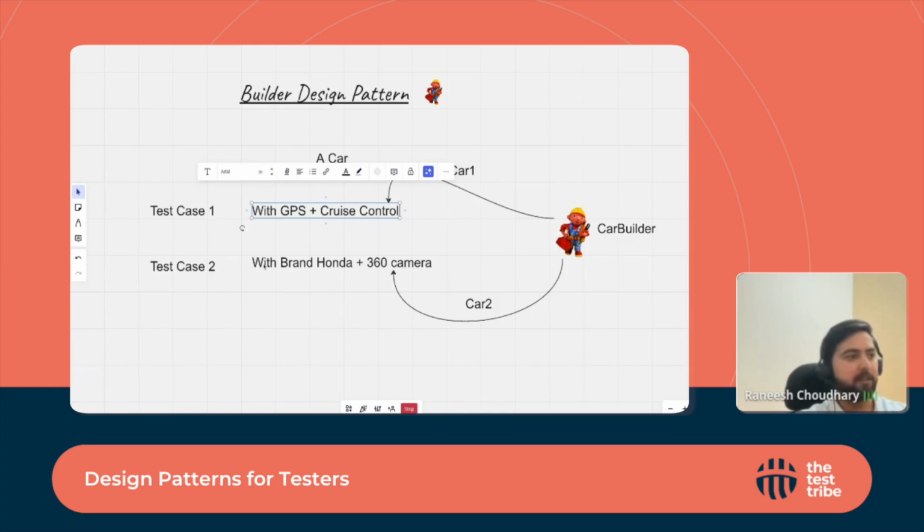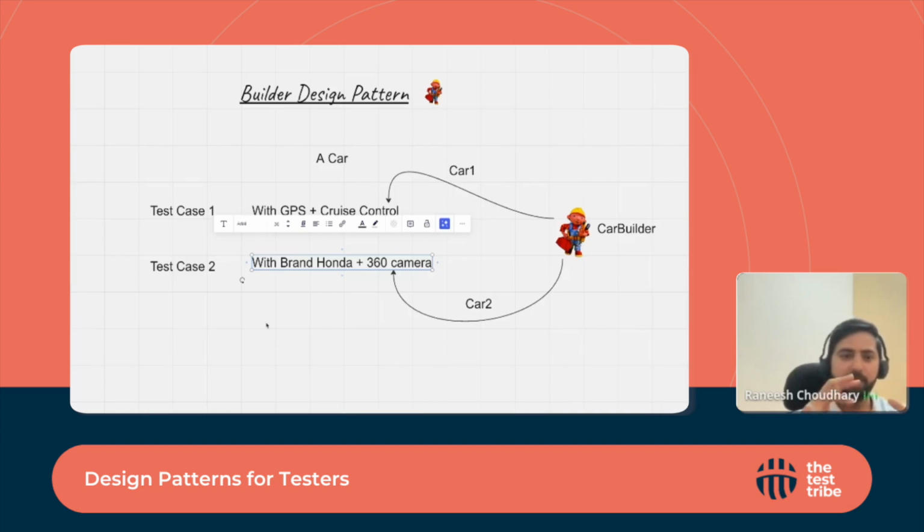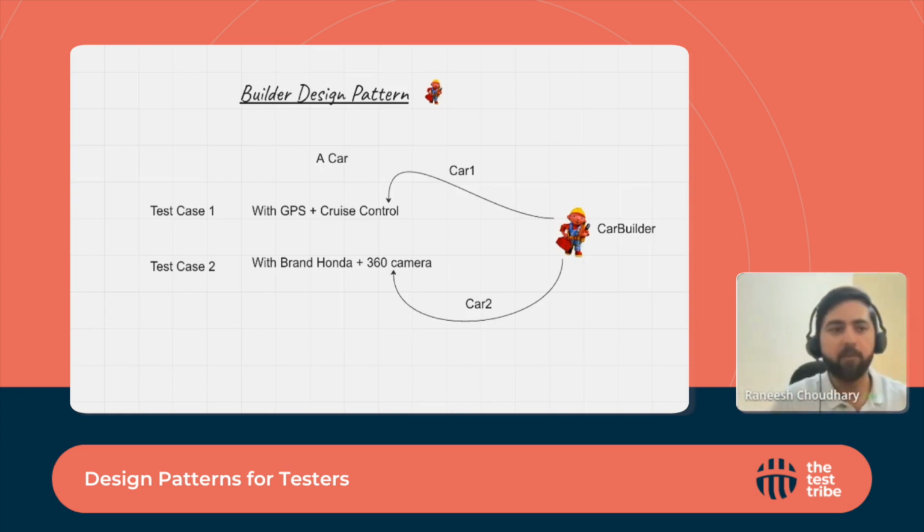The same for test case 2, it will create a car with Honda and 360 camera. So wherever you have this kind of condition where your request can have different parameters and you need the object to be created based on different parameters.